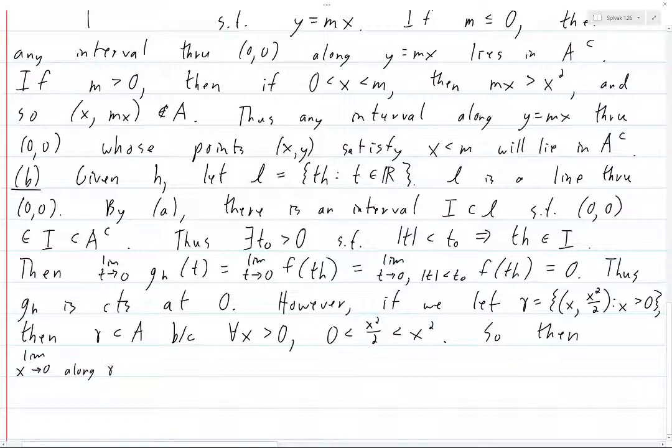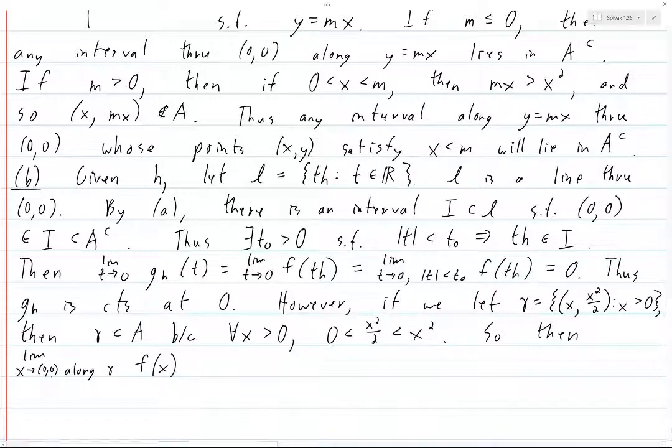And this makes sense because gamma is an infinite collection of points, and you can find a sequence of points in gamma here. So this should be x approaches the point (0, 0) along gamma. Okay. So, did I mess something? No. Okay, this is good.